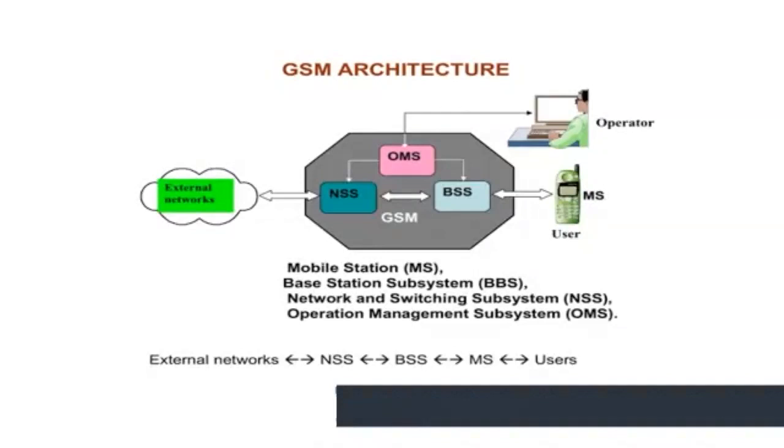It consists of 2 main components, the base transceiver station and the base station controller. The BTS contains the equipment that communicates with the mobile phones, largely the radio transmitter receivers and antennas, while the BSC is the brain, the intelligence behind it.